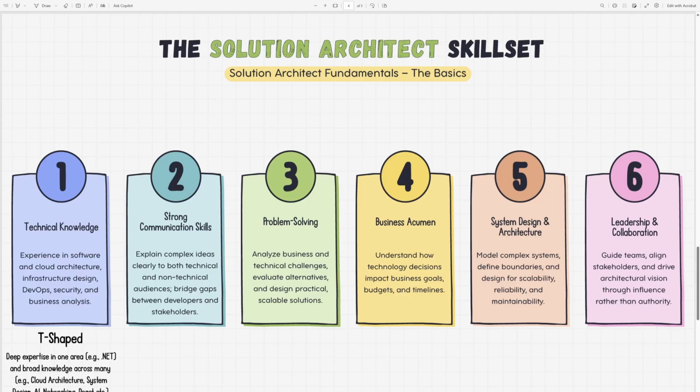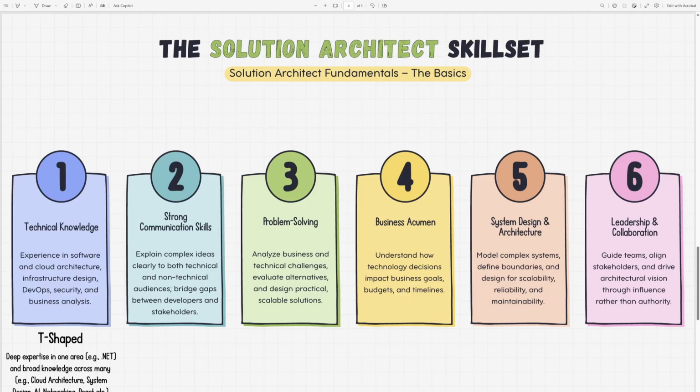They need strong communication skills, explaining complex ideas clearly to both technical and non-technical people. They need problem solving, evaluating alternatives, and designing practical, scalable solutions. And of course, a very important one, business acumen. Understanding how technology decisions impact budgets, timelines, and goals.